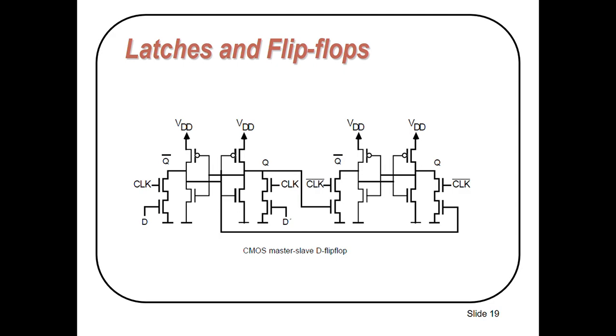Again this is the implementation of a CMOS master slave D flip-flop. This is the master stage and this is the slave stage. Here you can see we have applied two clock signals, and this is called a two-phase non-overlapping clock.